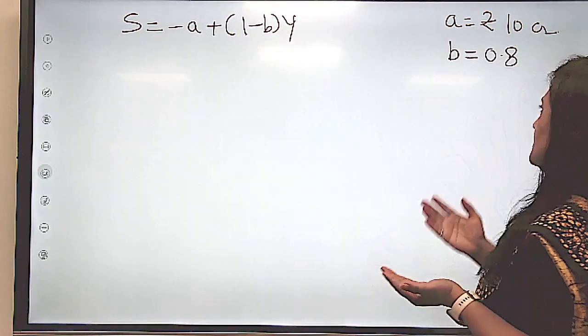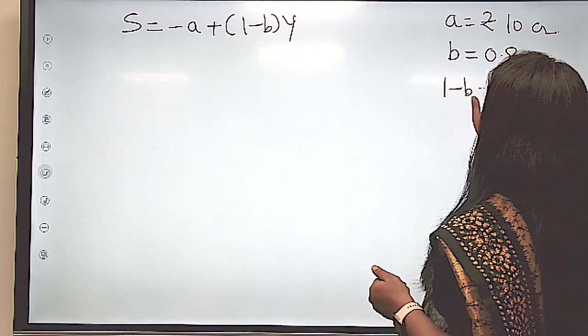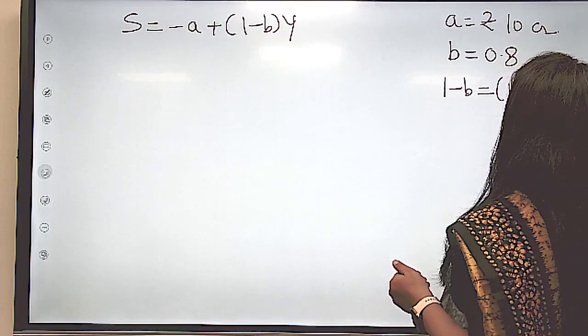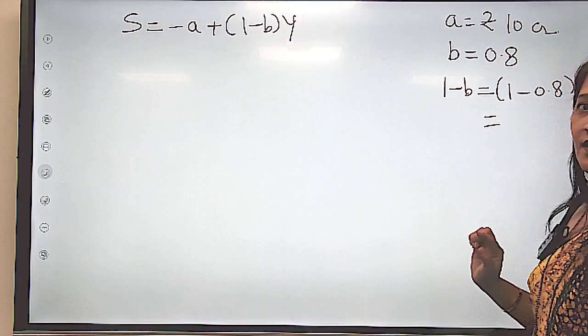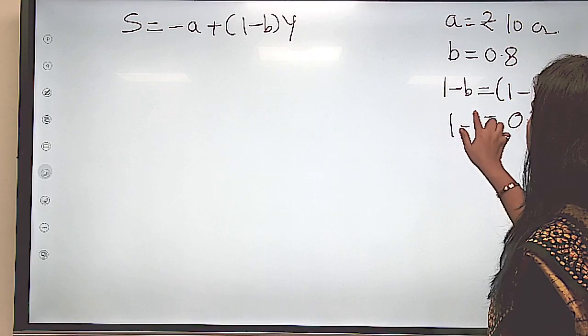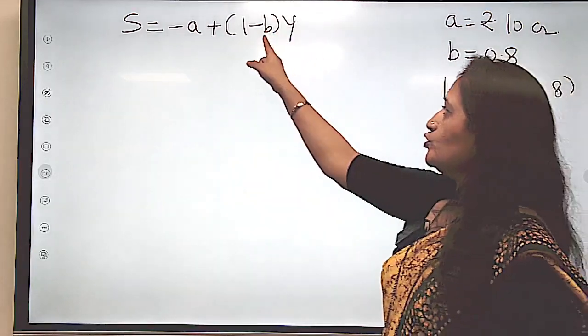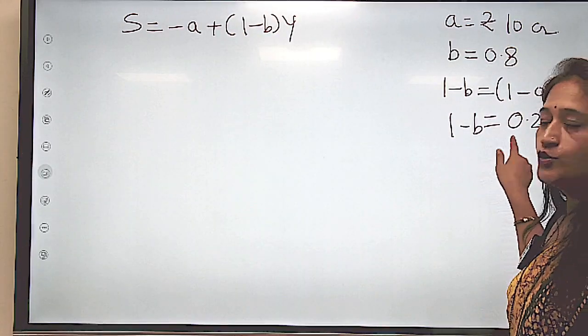So if B is 0.8, then 1 minus B becomes 1 minus 0.8, which is nothing but 0.2. We need this value to insert into the saving function.